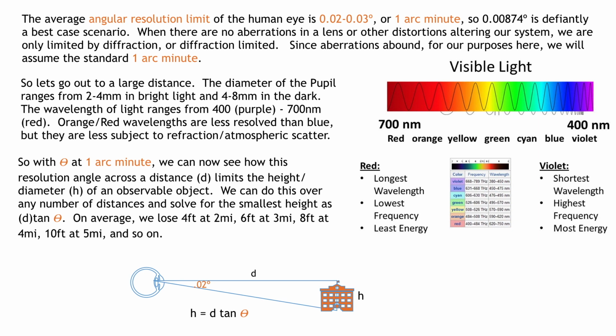So let's go out to a large distance. The diameter of the pupil ranges from 2 to 4 millimeters in bright light and 4 to 8 millimeters in dark. The wavelength of light ranges from 400 nanometers in the purple range to 700 nanometers in the red. Our orange and red wavelengths are less resolved than the blue, but they are less subject to refraction and atmospheric scatter.